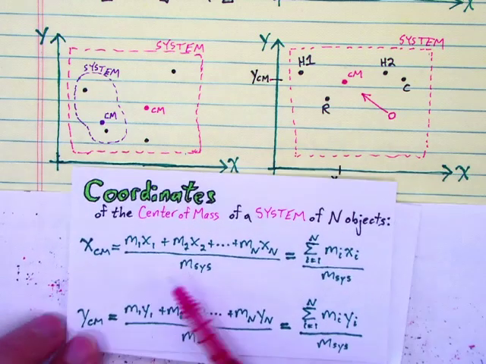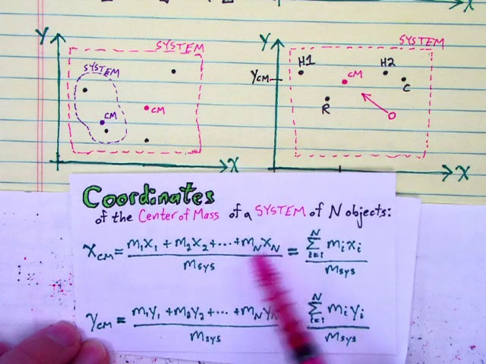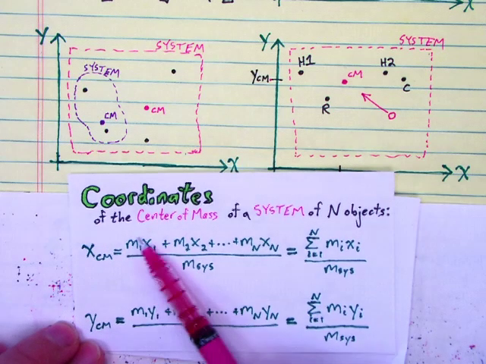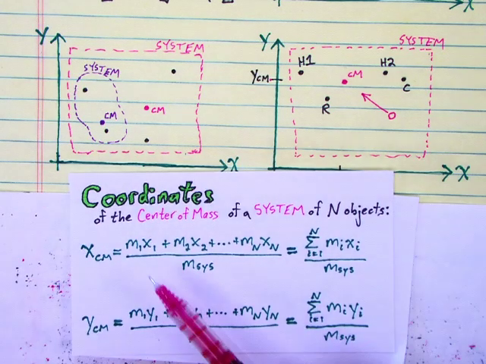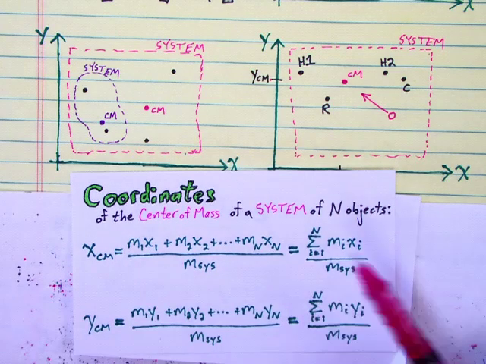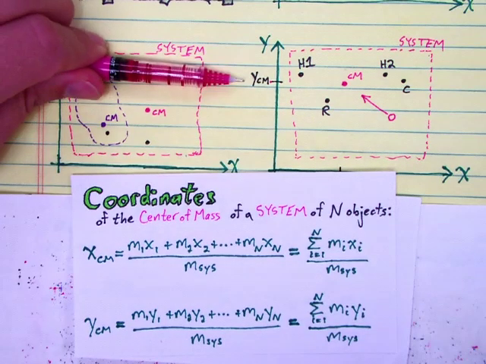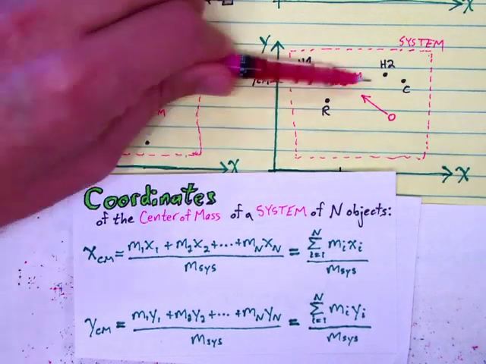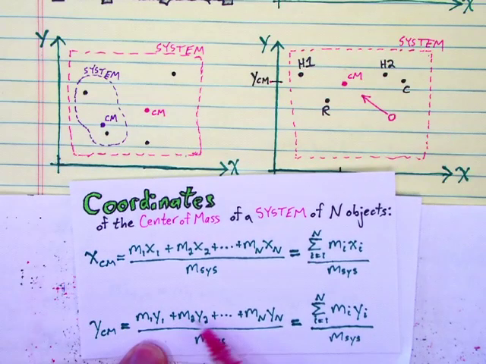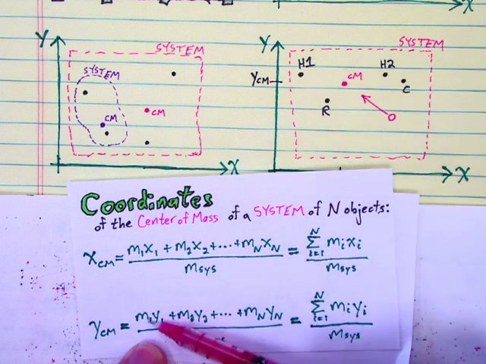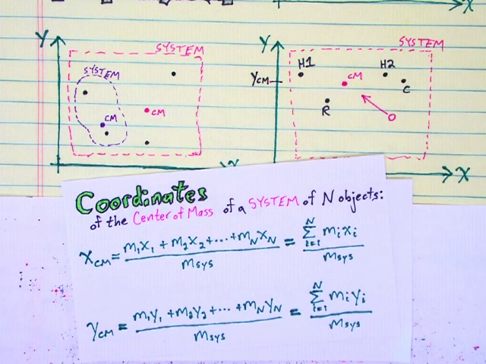So that's one equation where we weight all the x-coordinates by the masses of the objects. So the more massive objects carry greater weight and have a bigger effect on the outcome here. And a separate equation to find the y-coordinate of the center of mass of the system. Here we weight the y-coordinates of each of the objects by the masses of the objects.